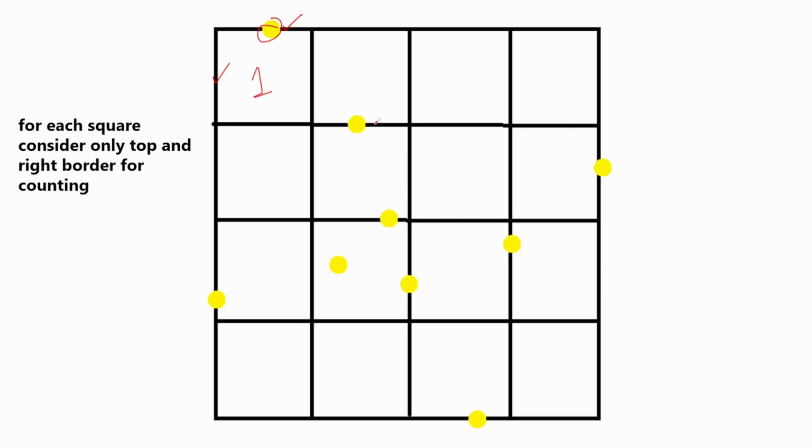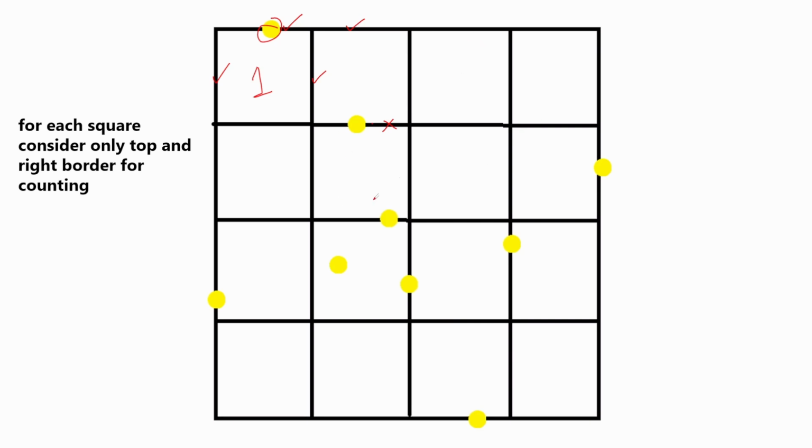These are 16 total. As I move on to the next box, I see there are no cells in the boundary, whereas here at the bottom there is a cell sitting, but I will not count this because I'm only going to count the cells that touch this boundary or this boundary, which is the top and the right one for each square. I move on to the next square, there is no cell.